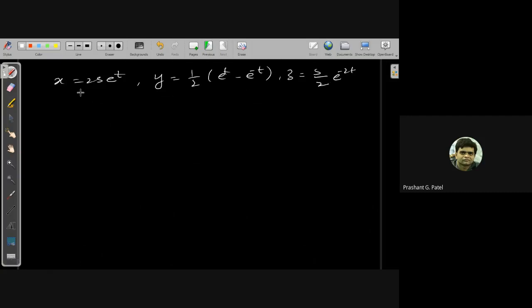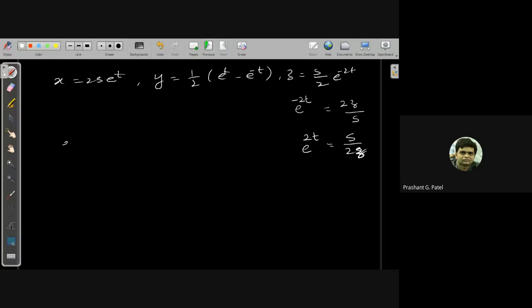So if I take the square here, x square is equal to 4s square e^(2t). This will give me e^(-2t) is equal to 2z/s. So e^(2t) will give me s/2z.